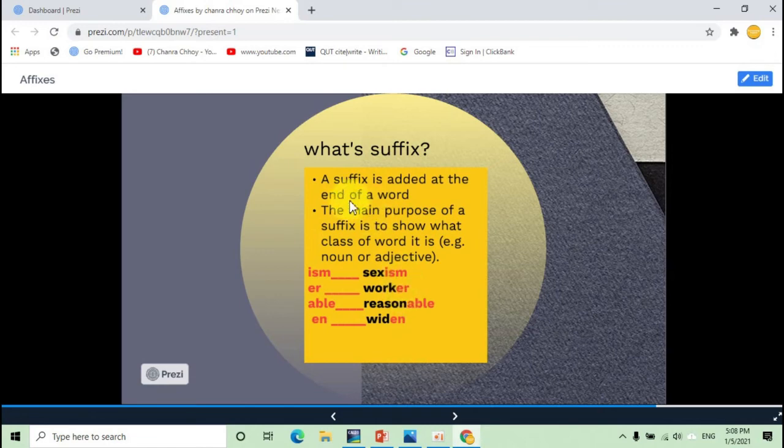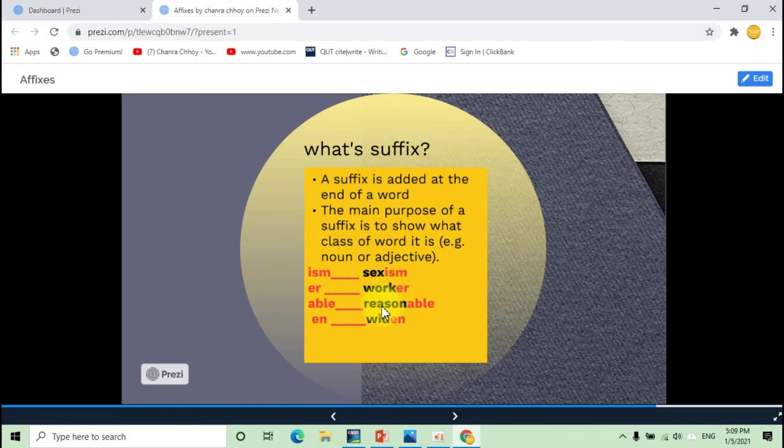And the purpose of the suffix is to show the class of words, meaning the position of words like noun or adjective. Like -ism refers to nouns, a noun that refers to people, someone who likes sex. And worker refers to a noun, meaning people at work.